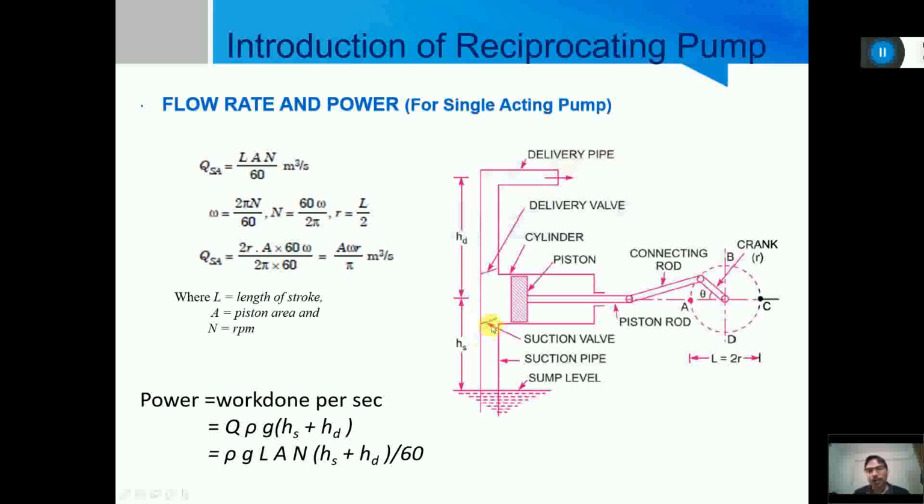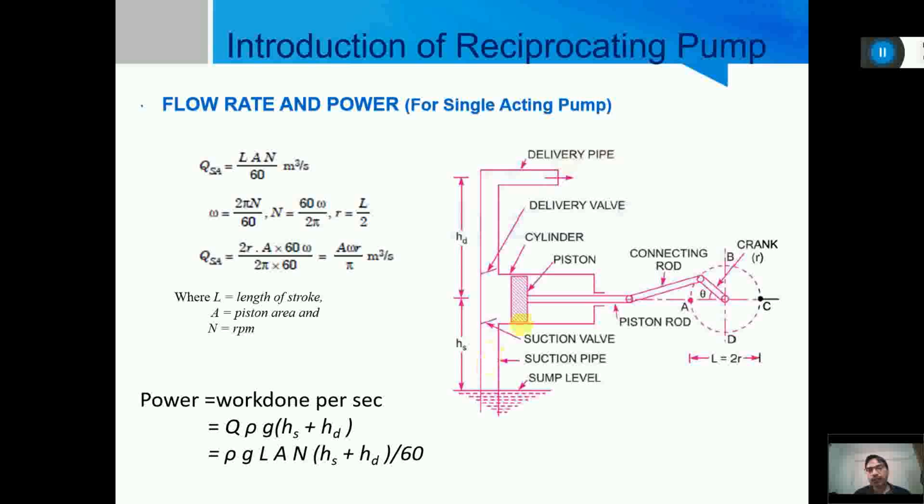But because of the larger length of the suction pipe, the inertia force is large, and because of this, at the beginning of the delivery stroke the suction valve does not get closed and remains open for some duration.